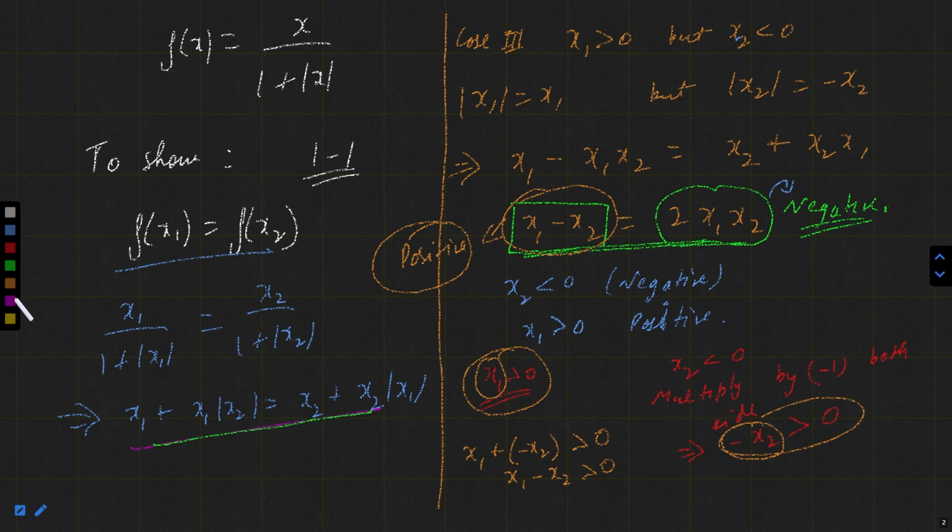So what I can say is that this equation is saying that positive equals negative. Can this happen?